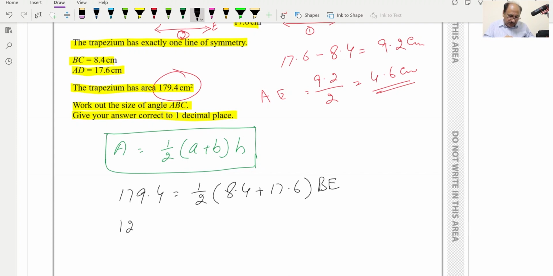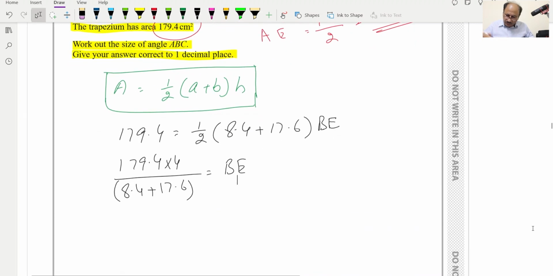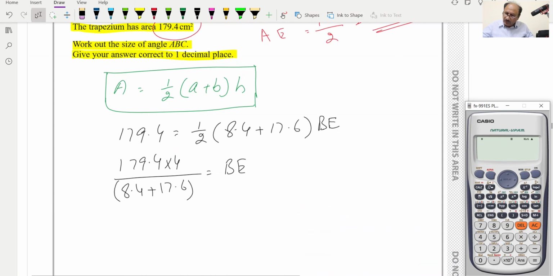So 179.4, and we can shift this 2 to the other side, so multiply by 2, and we can shift this also to other side, so it will be divided by 8.4 plus 17.6, and this will be equal to BE, and this value we can calculate by the help of calculator.